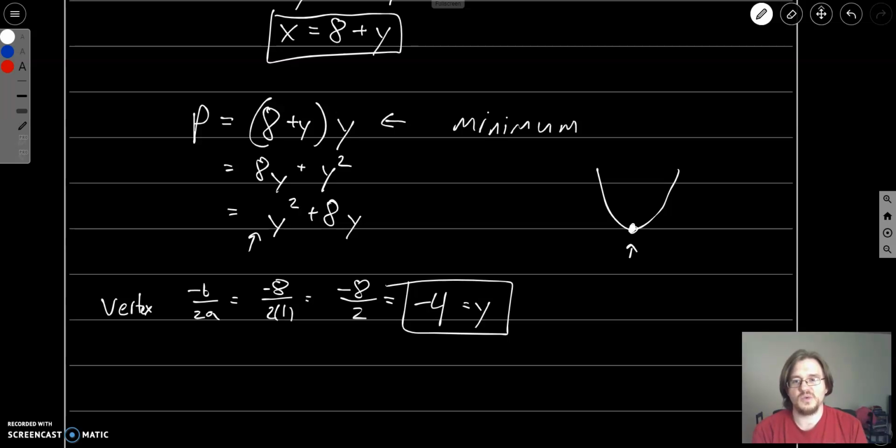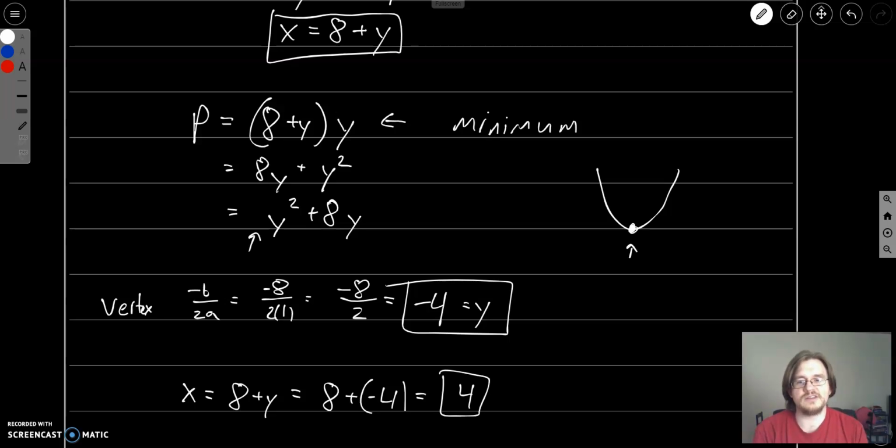Now, we also know that if y is going to be negative 4, x is going to be 8 plus y. This is going to be 8 plus negative 4, which is going to be 4.